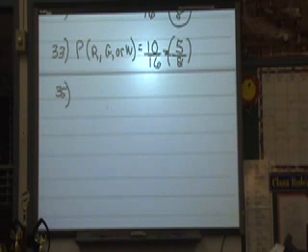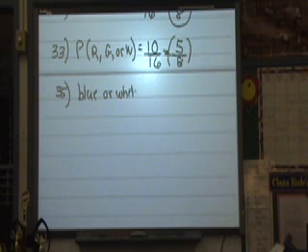Now this is odds, so it's going to be how many ways we can do it to how many ways we can't. So using the same bag of marbles, what are your odds of a blue or a white? How many ways can you get blue or white? 6 blue and 4. So that totals up to how much?